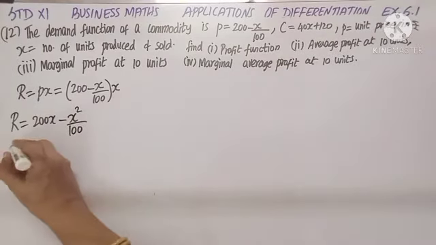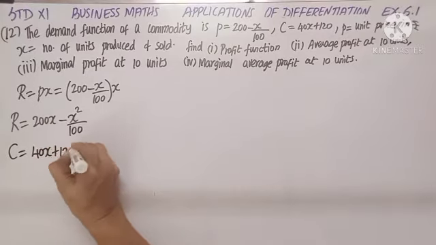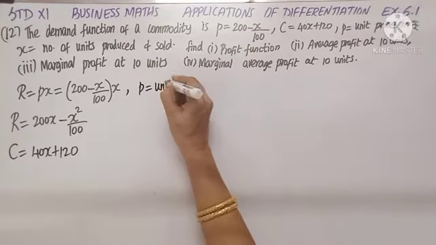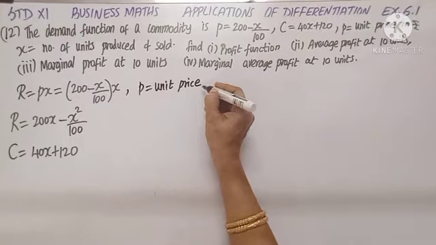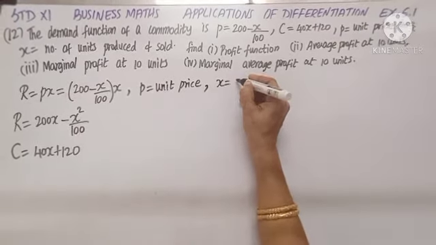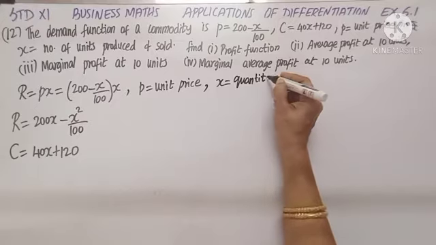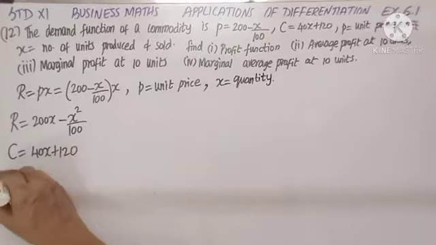Cost is mentioned as C, that is 40x plus 120. Given P is the unit price, that is price per item in rupees, and X is the quantity, the number of units produced and sold. We need to find the profit function.